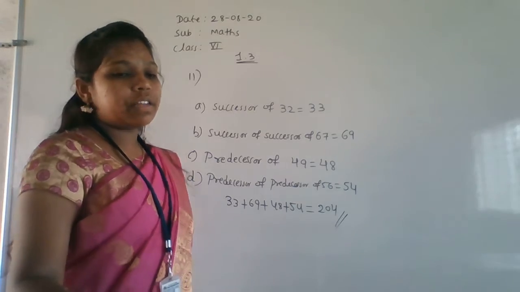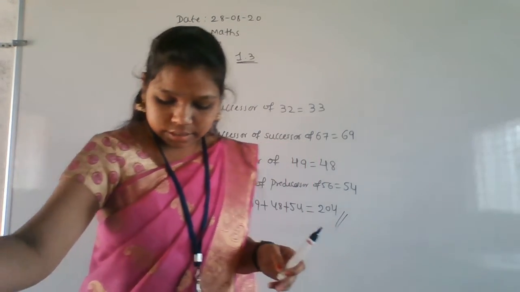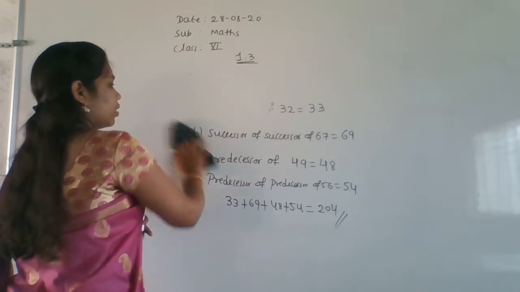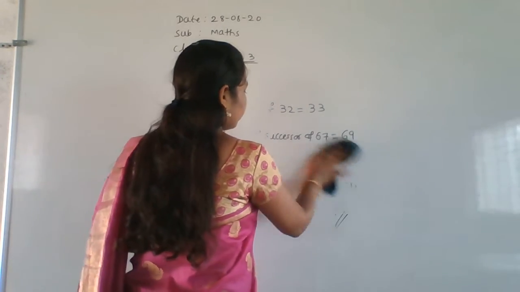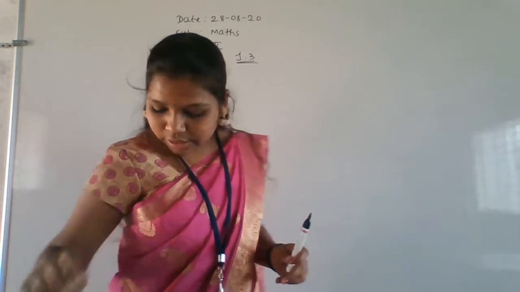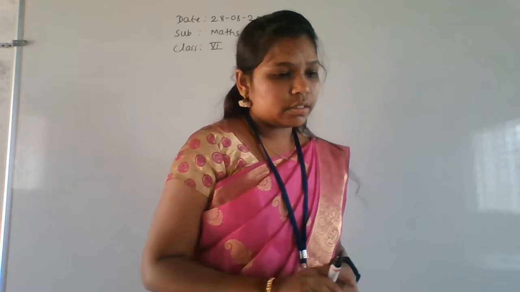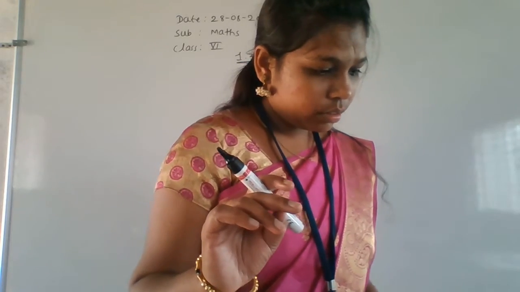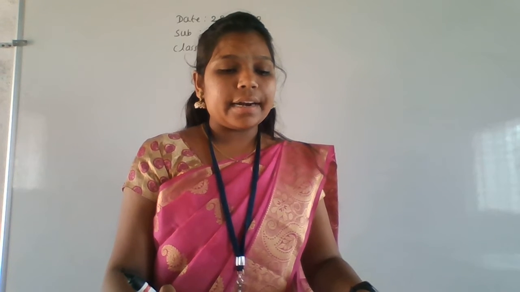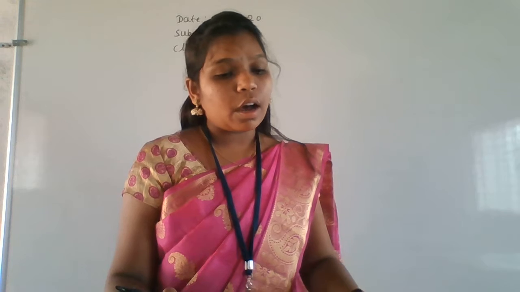Okay, so next we will go for the 12th one. A bus started its journey and reached different places with a speed of 60 km per hour, and the journey is shown along the side.